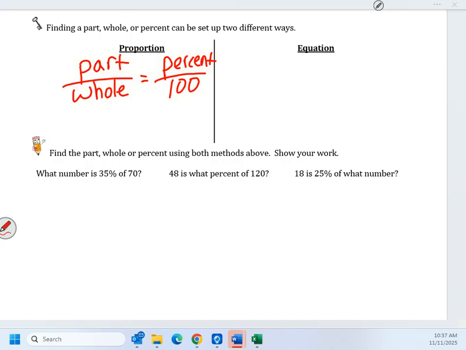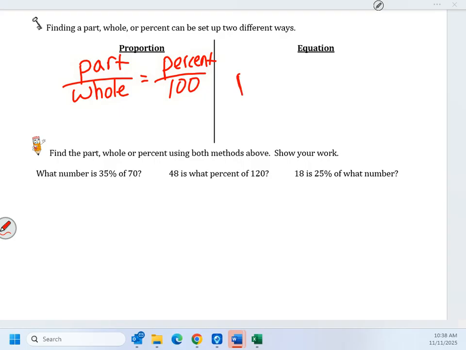So that last one we saw, that 80 over 100 was 80%. Now our equation, this is the one that I tend to use because it just works for my brain so much easier, especially if I'm using a calculator.